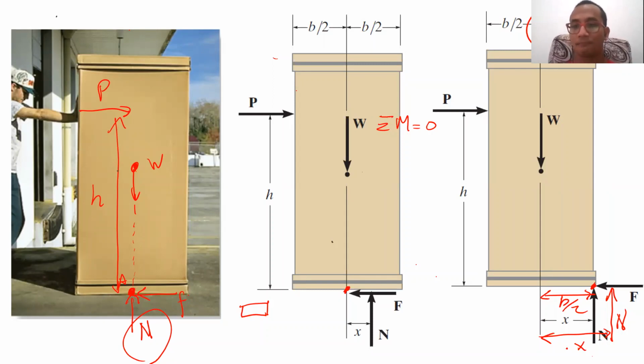This is p over 2, right? So if based on your calculation the value of x is bigger than p over 2, in that case, tipping is already happening. Okay, that's the condition. So the limit of the tipping condition is where the normal force is happening at the edge, where x is equal to p over 2.